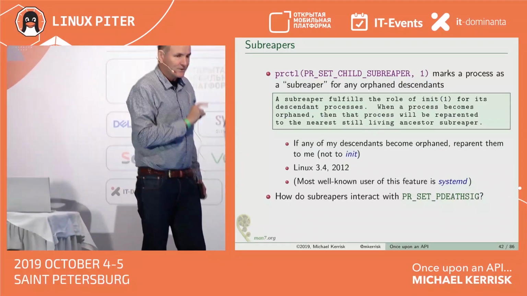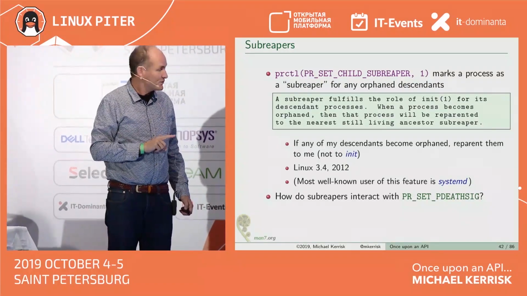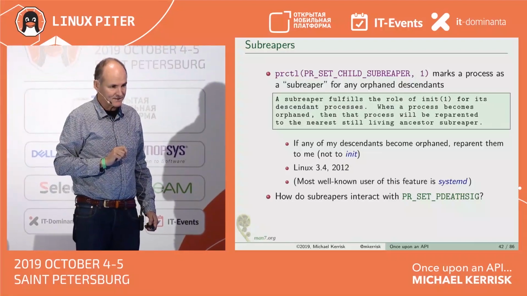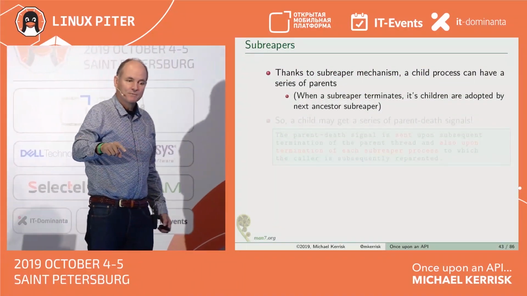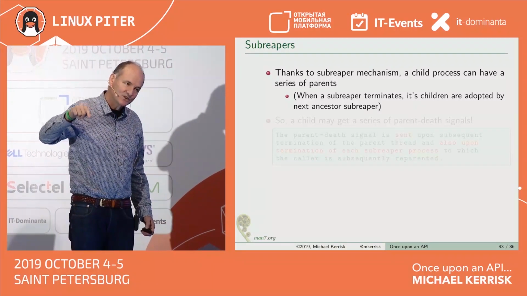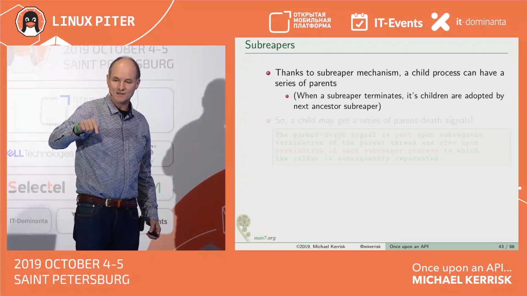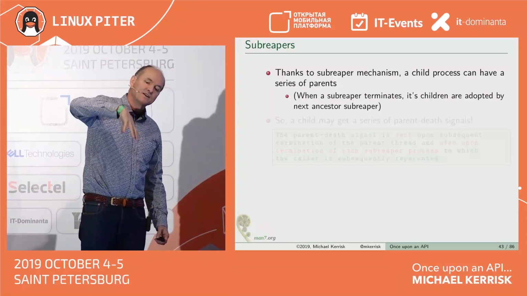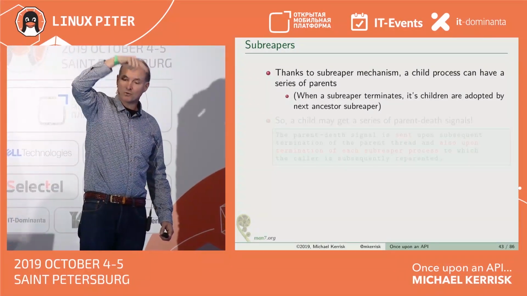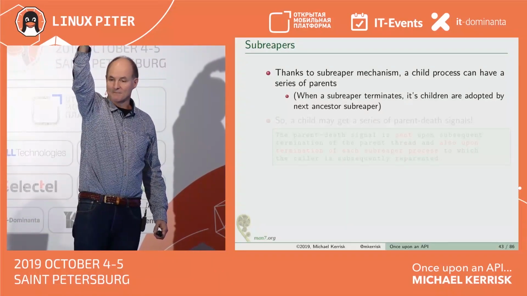Okay. Then the question is, how does this feature interact with set pdeathsig? Because of the sub-reaper mechanism, a child process could have a series of parents, because you can have a series of ancestor processes that all set the sub-reaper mechanism.